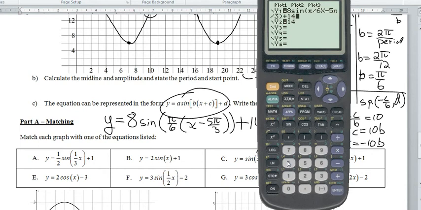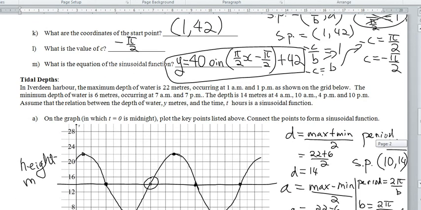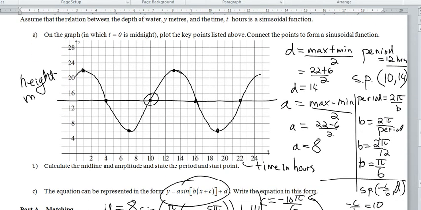We need a window. We want a window that's going to match the window that we have here. So let's go 0 to 24 by 1s, that's our times, and 0 to, how high does this thing go? 28 by, what do we got there, 2s?